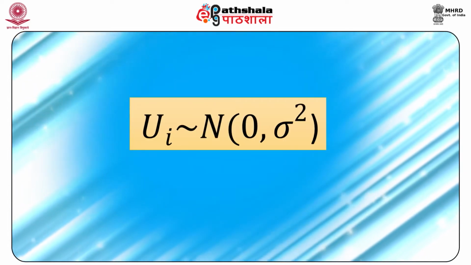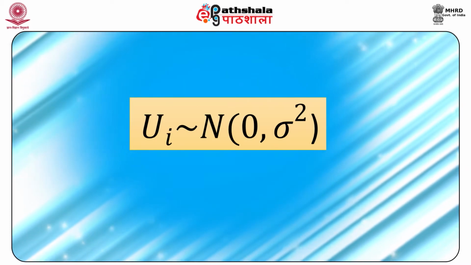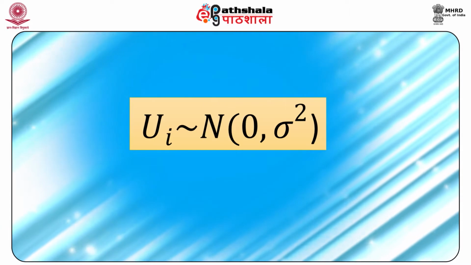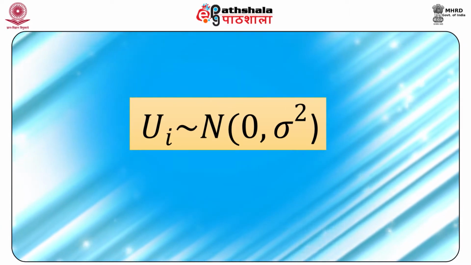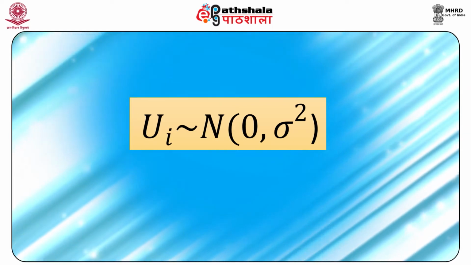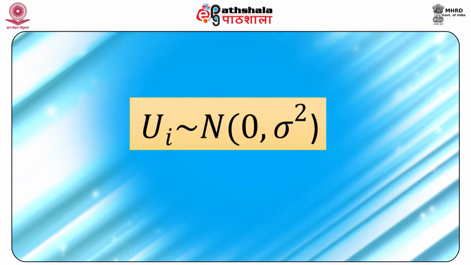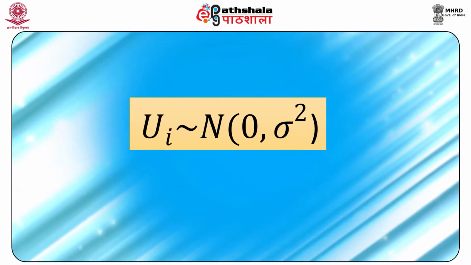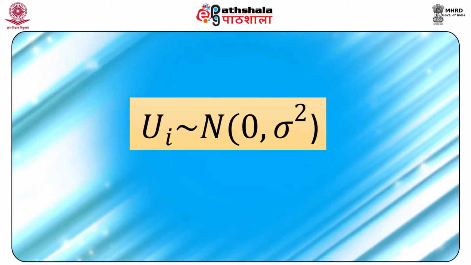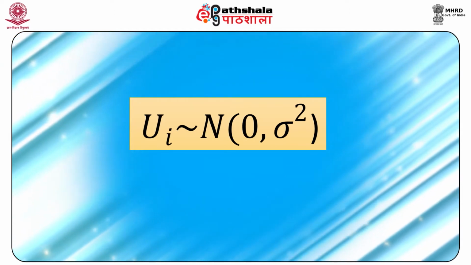Now, in a more compact form, the assumptions above can be stated as mu i is distributed normally with mean 0 and variance sigma square. This symbol basically means distributed as, and N stands for the normal distribution. The two terms inside the bracket represent the mean and variance respectively.